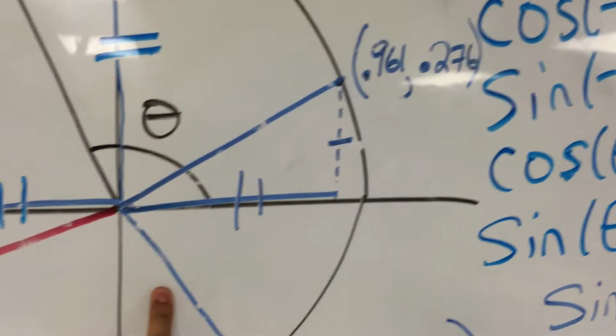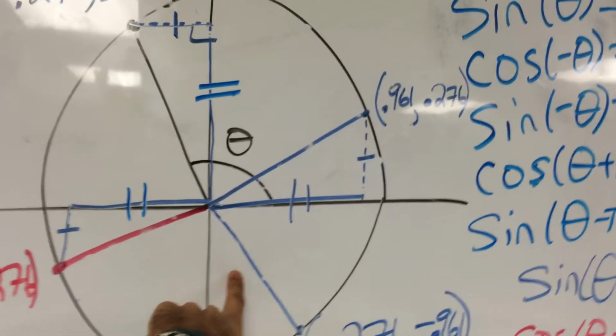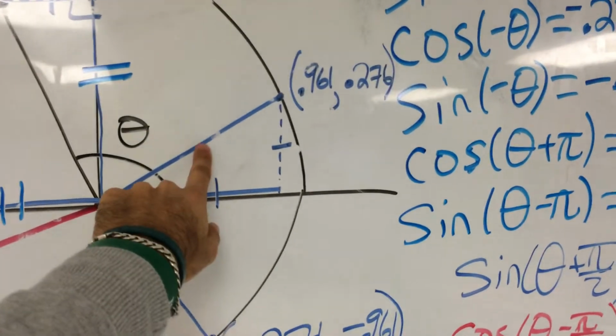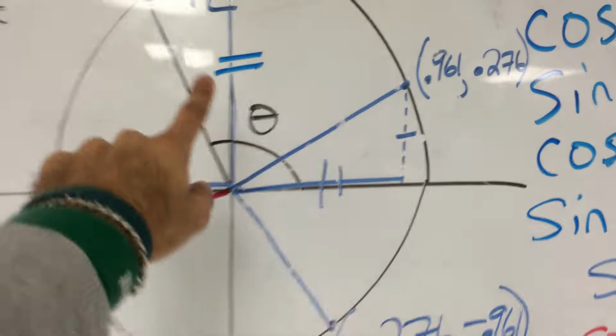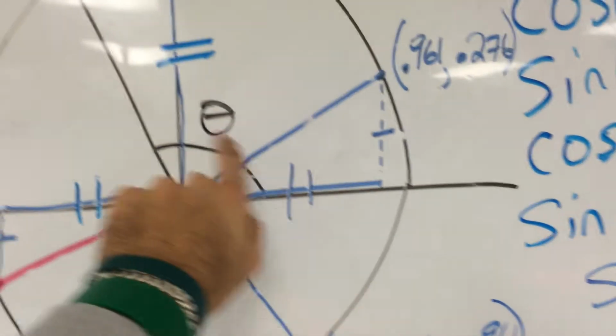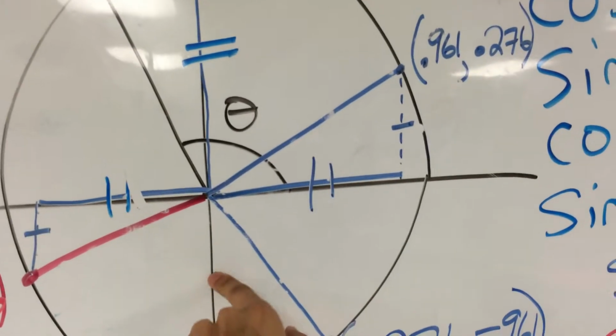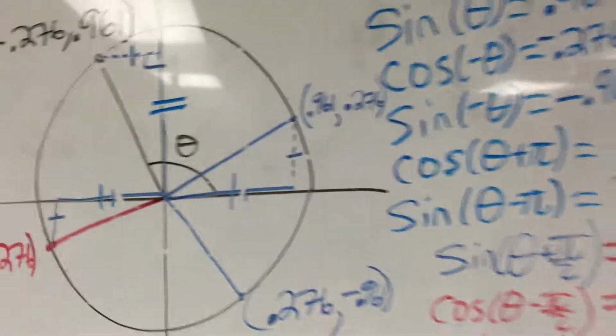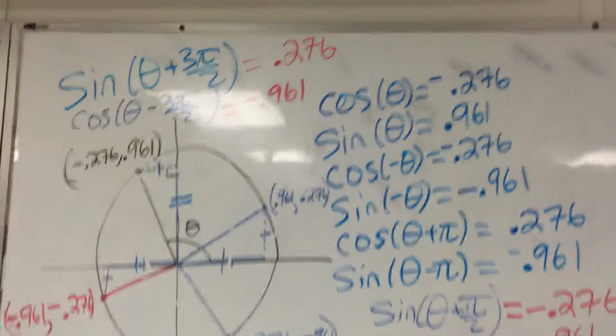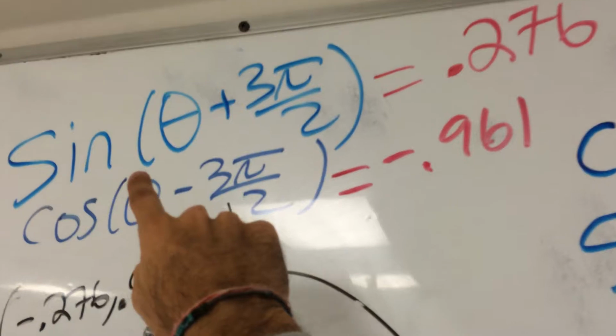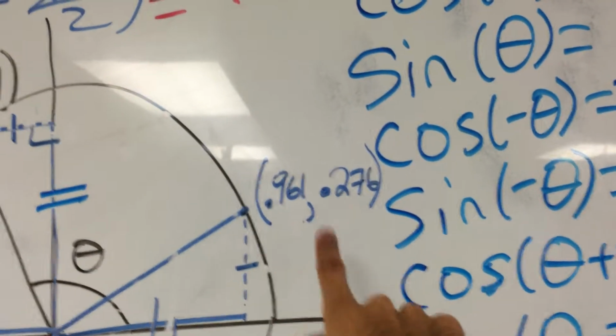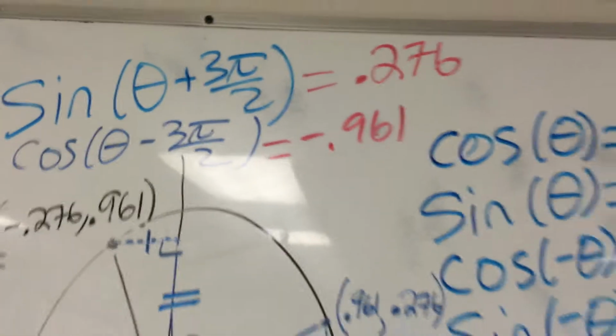Add 90 degrees again, I'm here. So I've added a total of 180 from where I started. And then I add 90 again, I'm here. So I've added a total of 90 plus 90 plus 90, for a total of 270. And they want the sine, so they want the y value, so 0.276.